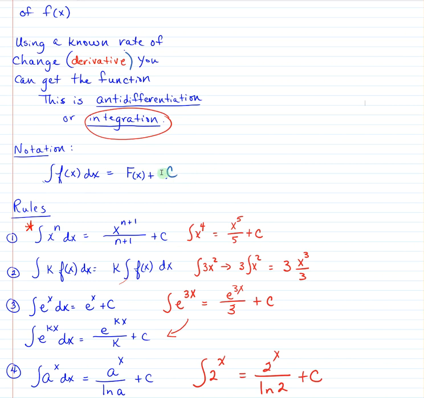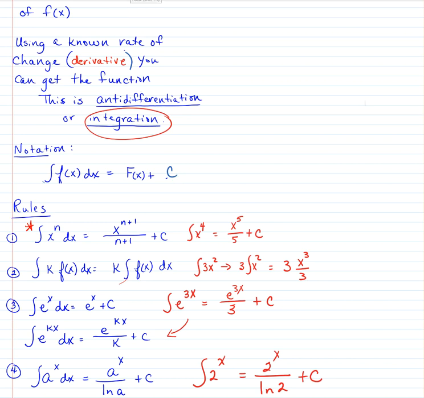We have to have a c because you could have any constant added on there and the derivative would still be the same, because the derivative of a constant is 0. So when we do an integral like this, the answer always will have a plus c at the end.